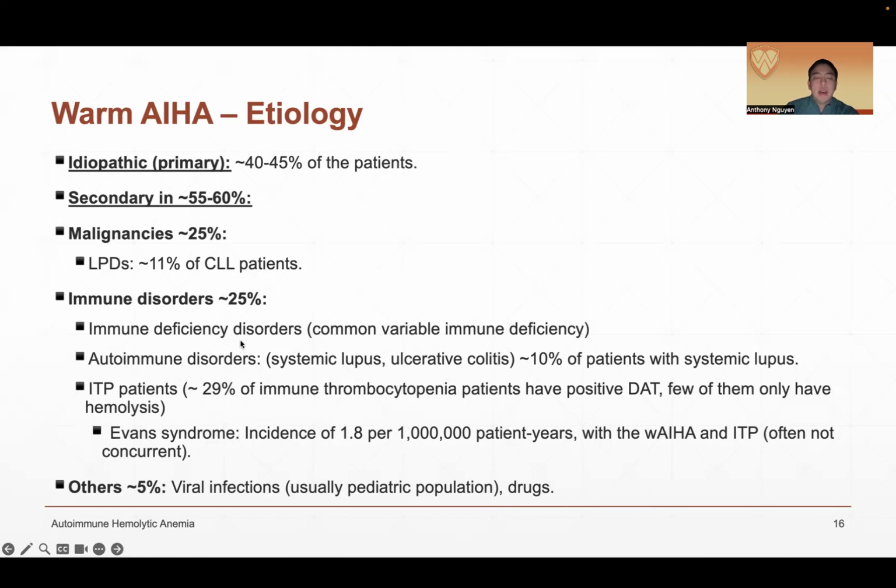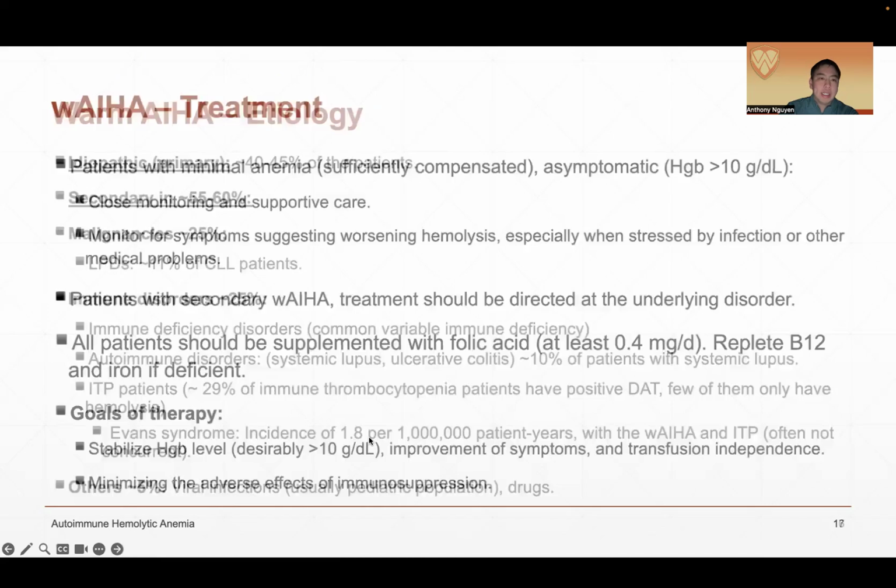About 25% of the patients with secondary causes can be due to immune deficiency disorders, autoimmune disorders such as lupus, ulcerative colitis, rheumatoid arthritis, and ITP, or immune thrombocytopenic purpura, which would be classified as Evans syndrome. Those are patients with warm autoimmune hemolytic anemia and immune thrombocytopenic purpura. Other causes can be viral and also can be due to medications.